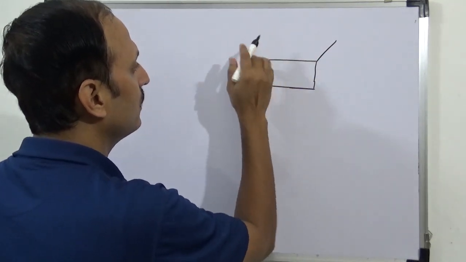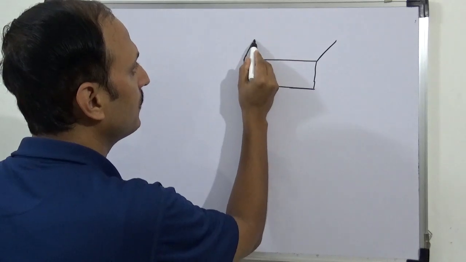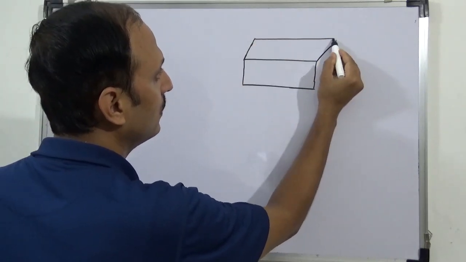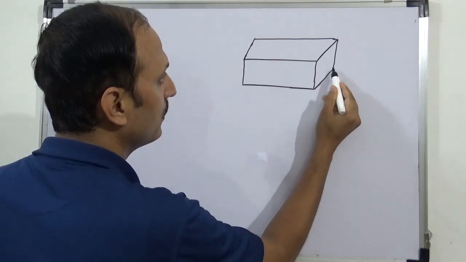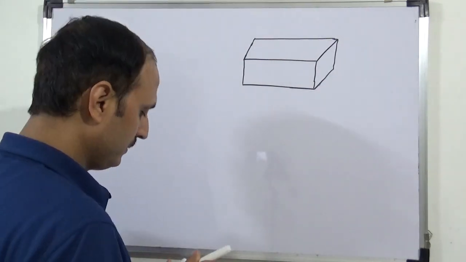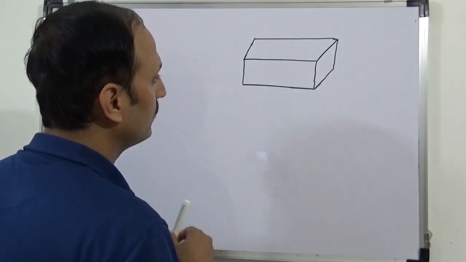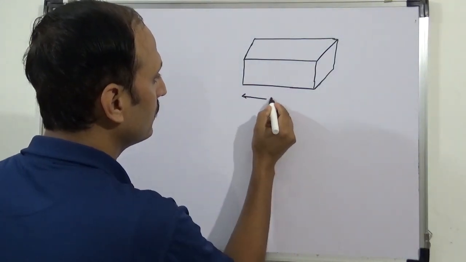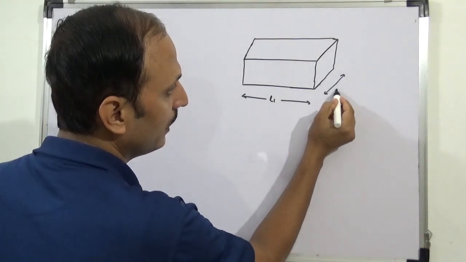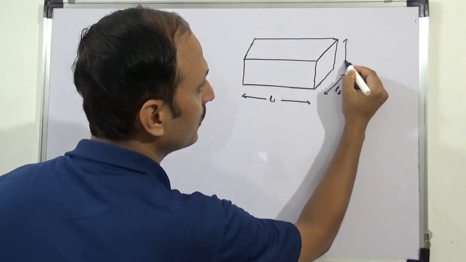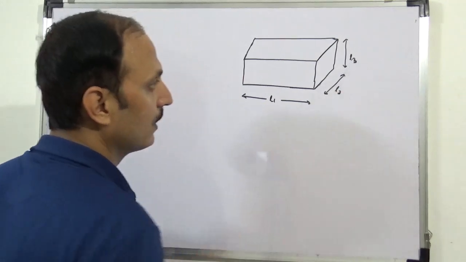Okay, so I've taken a rectangular bar. Here this length is L1, this length is L2, this length is L3.